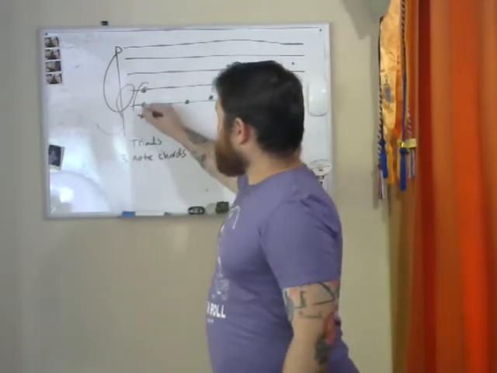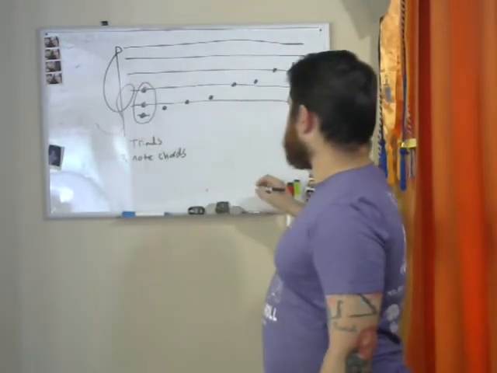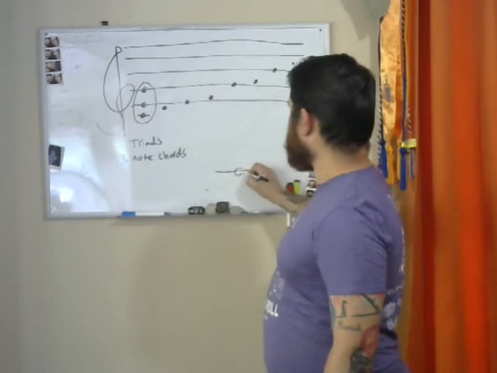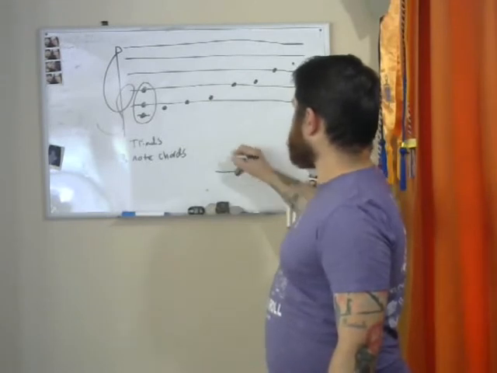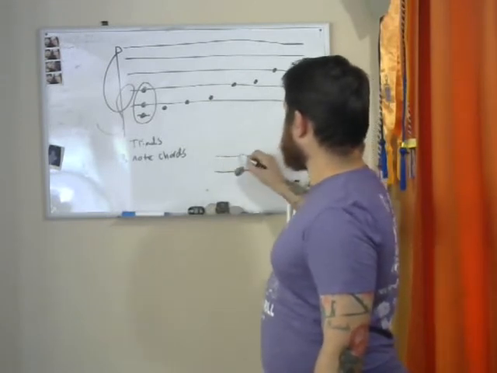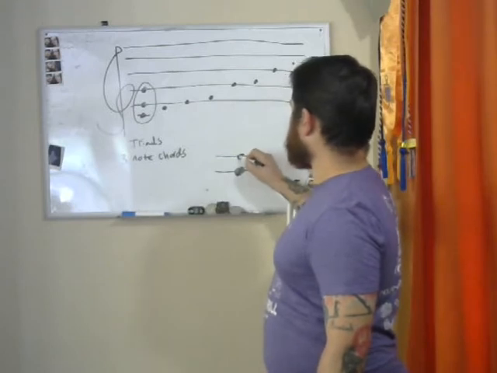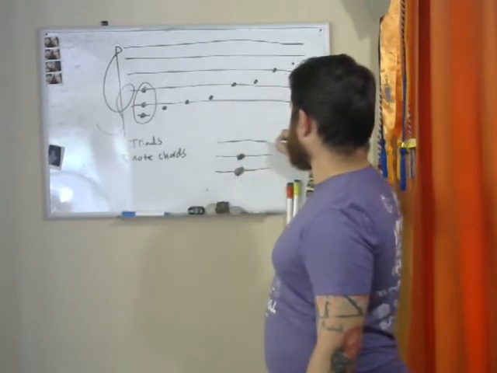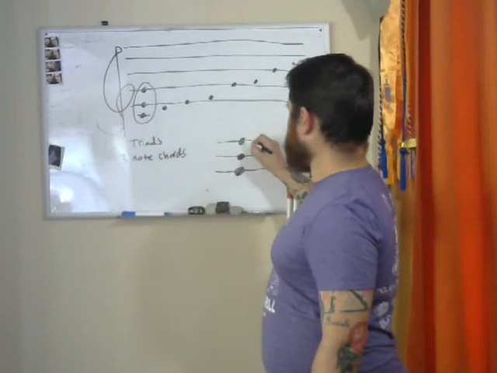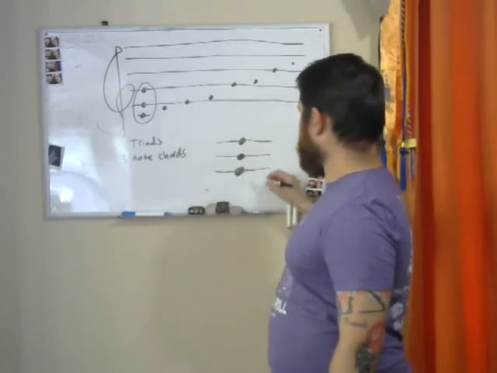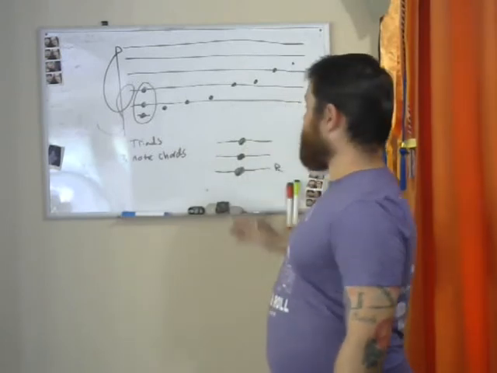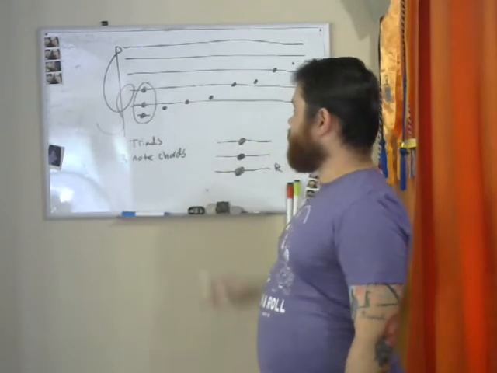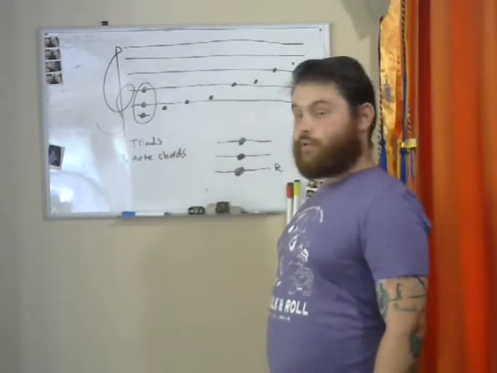So let's take this example and break it down. Make it a little bit bigger over here. We have our root note, which is the lowest note when written in root position.